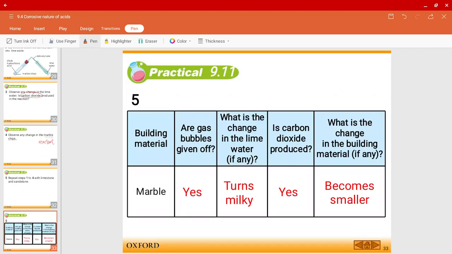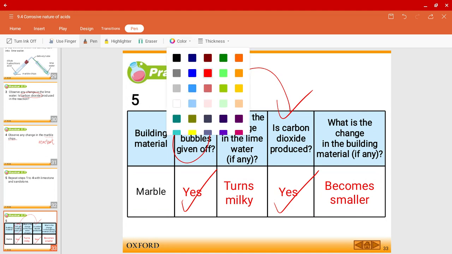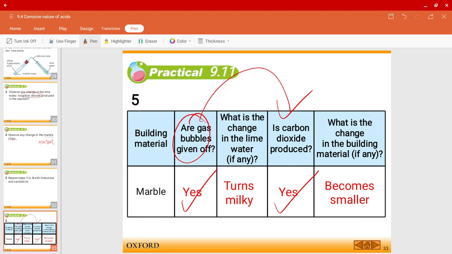Let's have a look at the results. First, we used the marble chips. Were there any gas bubbles given off? Yes, there were. Was there any carbon dioxide gas produced? If gas bubbles are produced, that means it is carbon dioxide. What is the change in the lime water, if any? I've told you lime water turns milky in the presence of carbon dioxide.